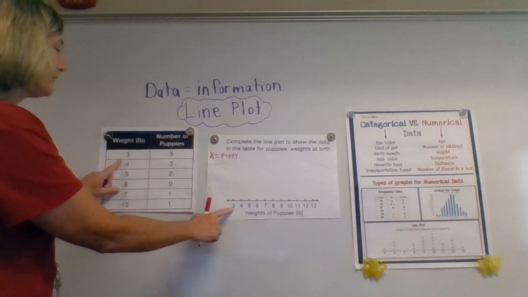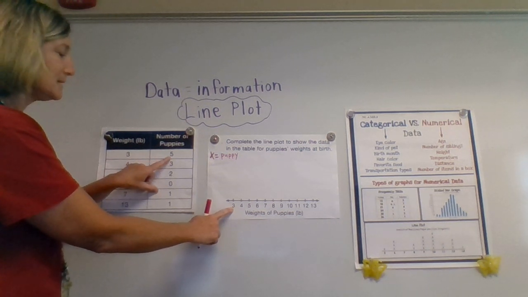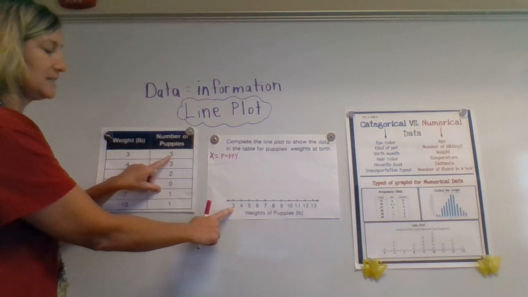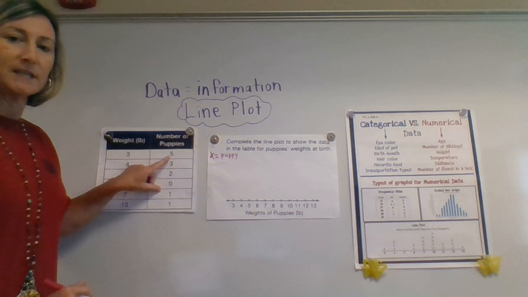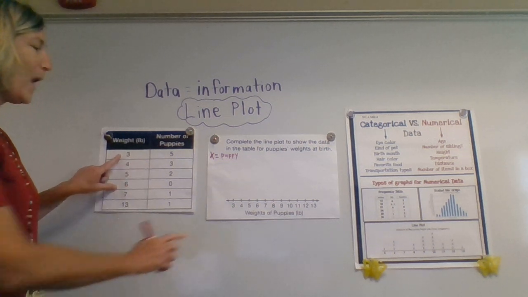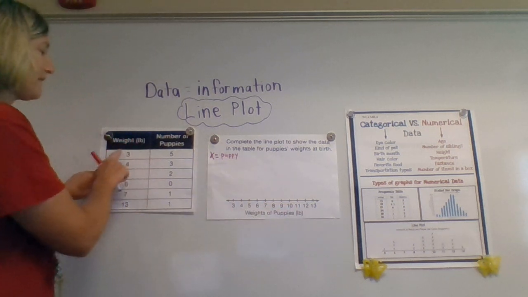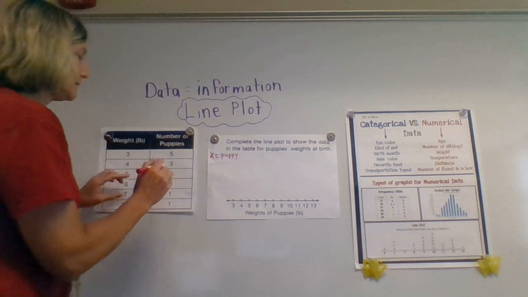Let's go down to our weight of 3, okay? And how many puppies weighed 3 pounds? We look here, it's 5. So how many X's are we going to put above our weight? Remember, our weights are down here, and we're talking about plotting the number of puppies, okay?